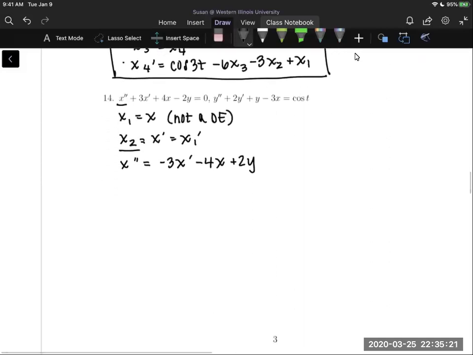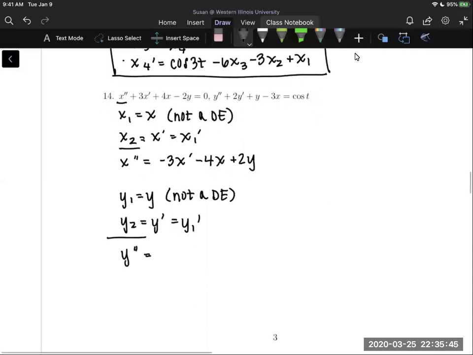So next, let's set up our y's. I'm going to start similar with my x's, that y1 equals y. This is not a DE, so don't include it in your system. y2 is going to be the first derivative, which is y1 prime. And then I want to stop here, but I would like to identify what y double prime is.